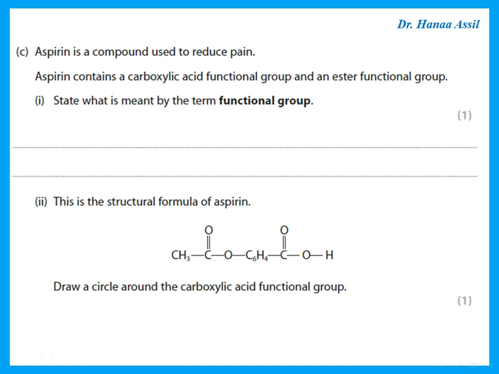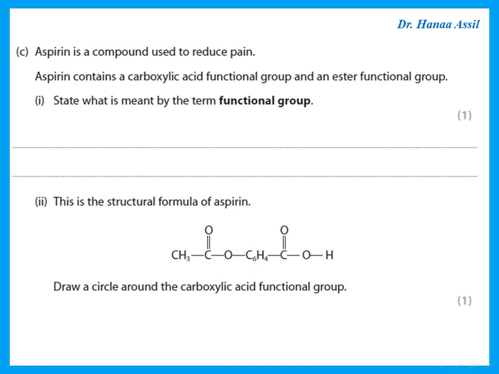Aspirin is a compound used to reduce pain. Aspirin contains a carboxylic acid functional group and an ester functional group, and he's saying state what is meant by the term functional group. What do we mean by functional group? Remember we said we have alkanes, alkenes, alcohols, acid.